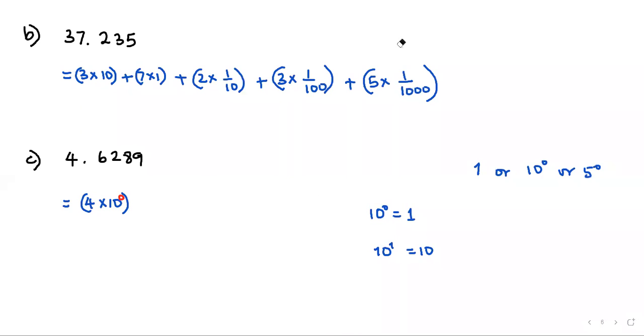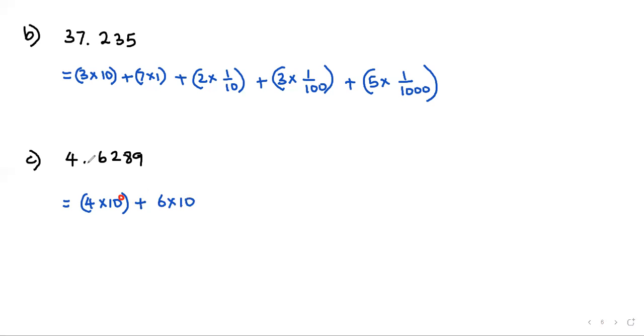So don't worry. Don't say, oh, teacher, why are you saying 4 times 10 to the power of 0? It should be 4 times 1. That is another way of writing 1. Okay? Plus 6. Sorry, let me use blue again. Plus 6 times 10.